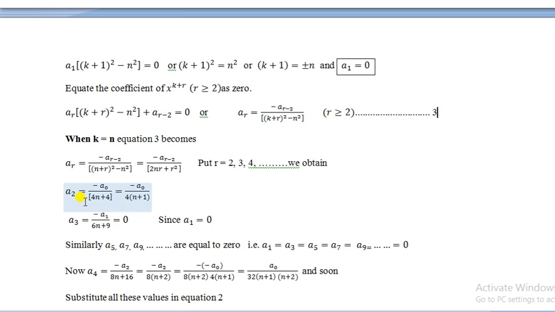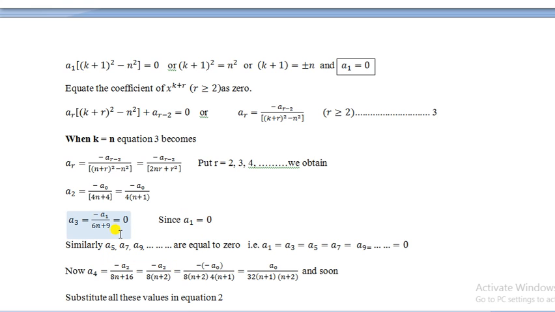So our a2 value becomes minus a naught divided by 4 into n plus 1. The next one is to put the value of r as 3. So minus a3 minus 2, which is a1, divided by 3 into 2n, that is 6n plus 9. But we know the value of a1 is 0, which means our a3 value is also 0.